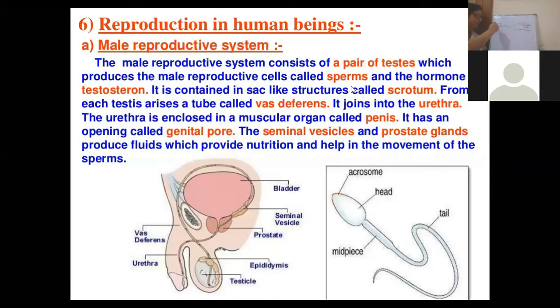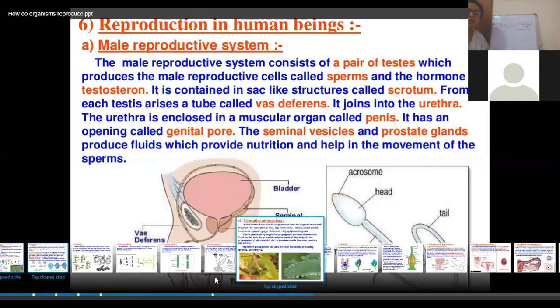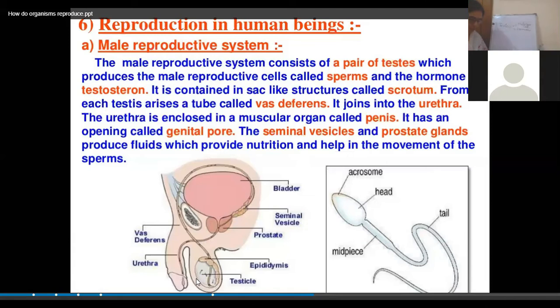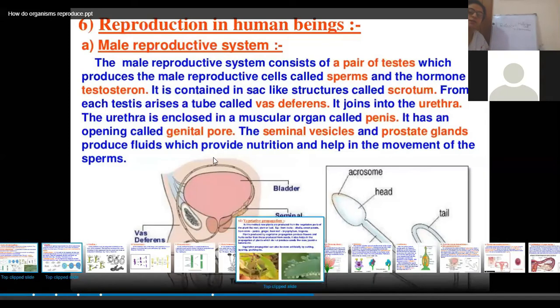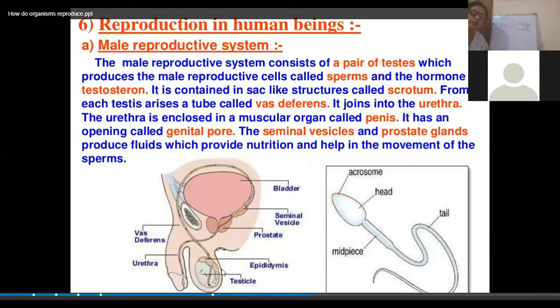Let me tell you, this testis lies in a sac-like structure, what you are seeing on your screen. This is what we call the scrotum. This sac-like structure, where my cursor is pointing, lies outside the abdominal cavity, and this is known as the scrotum.